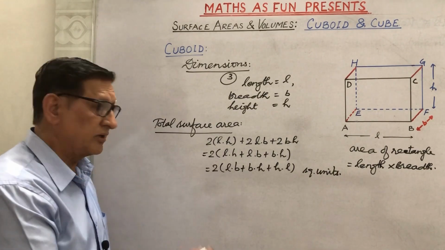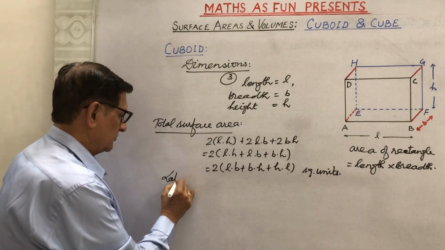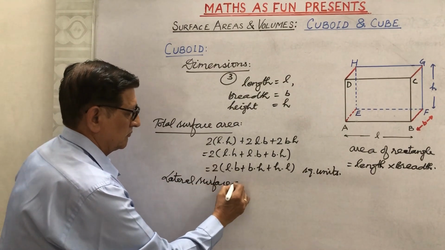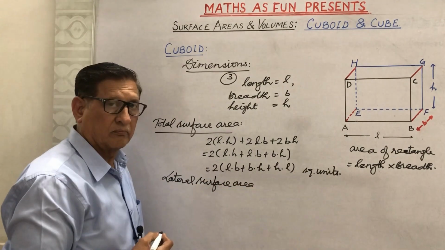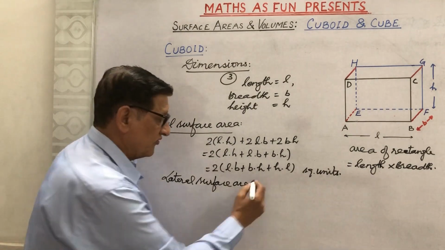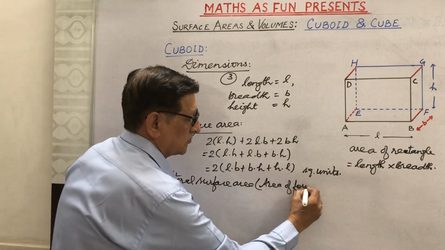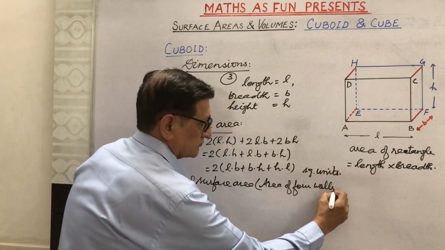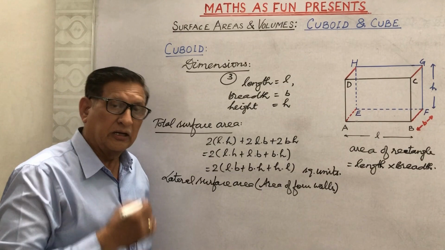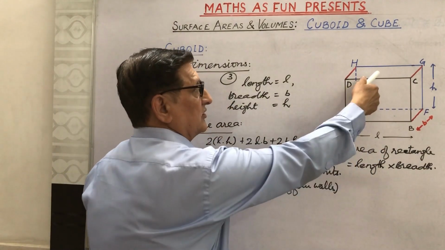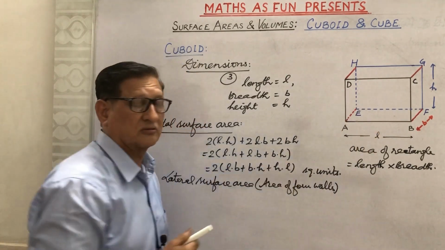Now we are coming to the lateral surface area, or we also say the area of 4 walls. Lateral surface area is actually the area of all the 4 faces leaving the top and the base.